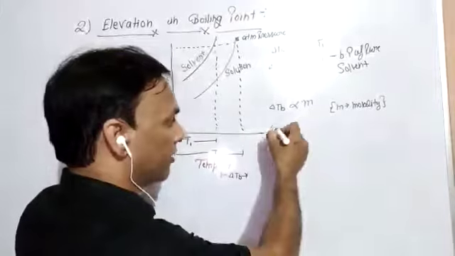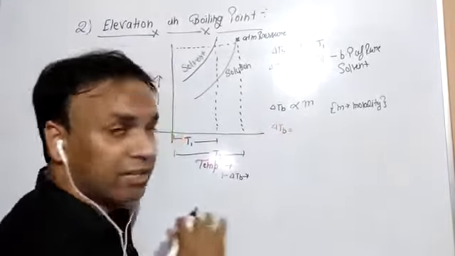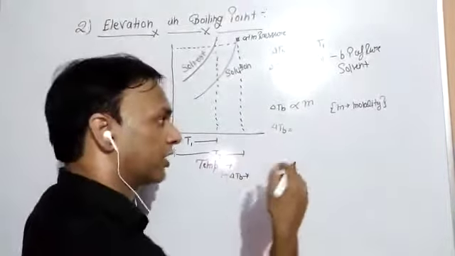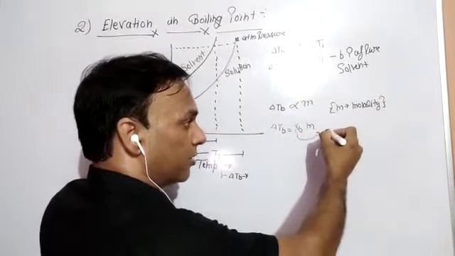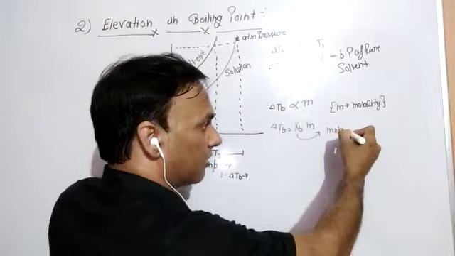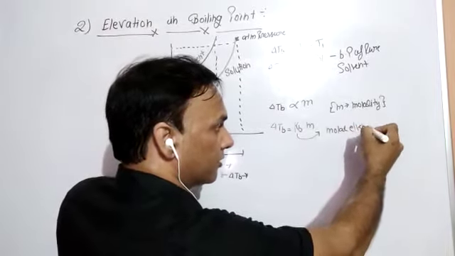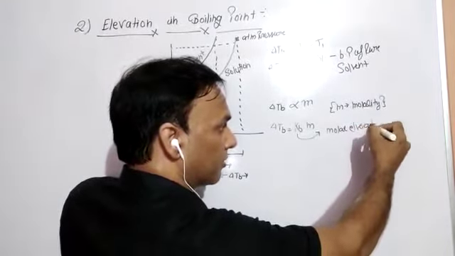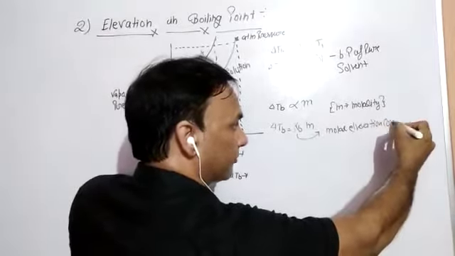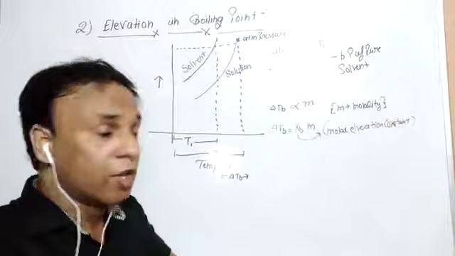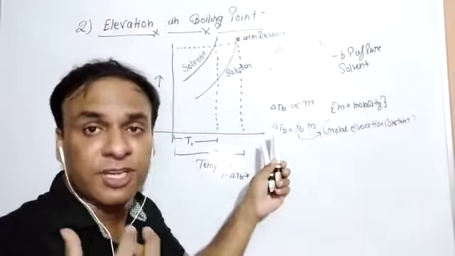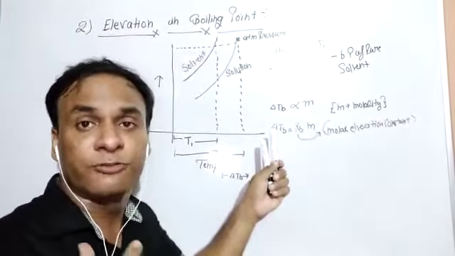When the proportionality sign is eliminated, one constant is introduced, that is Kb into m. What is Kb called? Molal elevation constant. With the help of this expression, we can calculate the molecular mass of the solute.